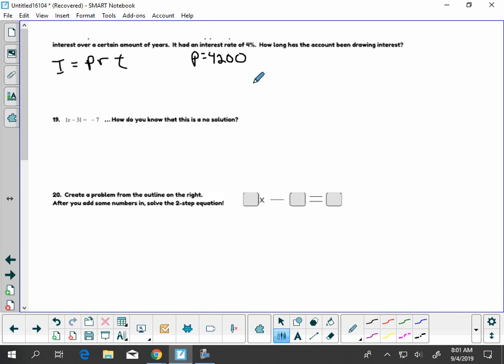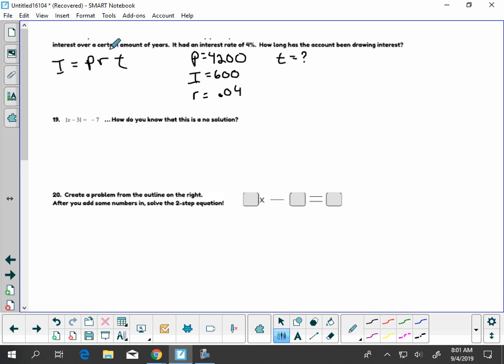Account has accrued, and accrued means made. So the amount that you make is your interest made, which is going to be 600. And your interest rate is 4%. And you remember you have to make that a decimal, so 0.04. We are looking for time.